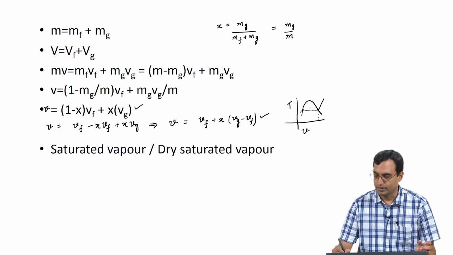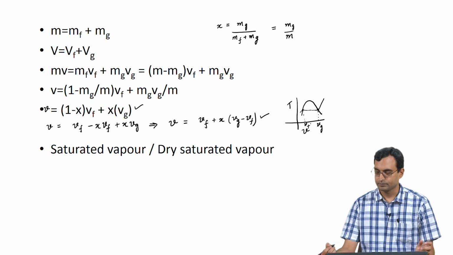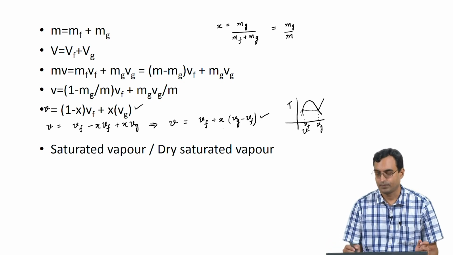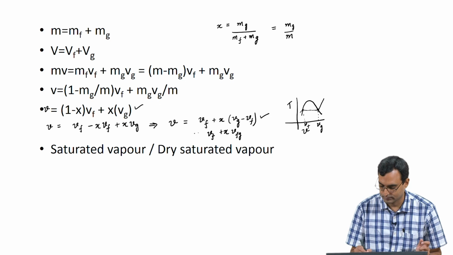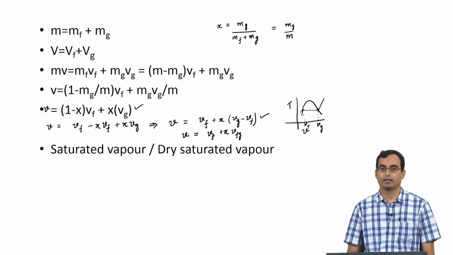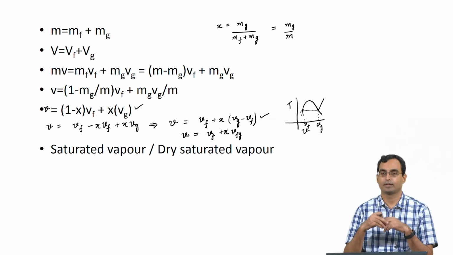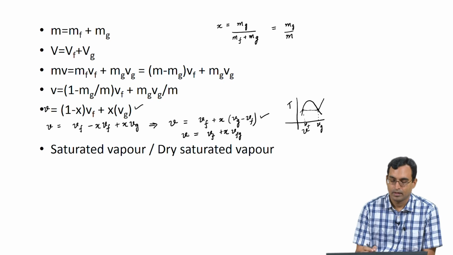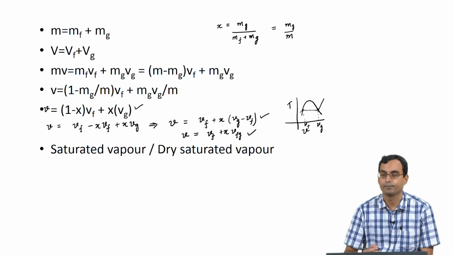So, this is Vg and this is Vf, and this Vg minus Vf is what we often write as Vfg. It is essentially the change in specific volume as it goes from liquid state to vapor state at that saturated condition.